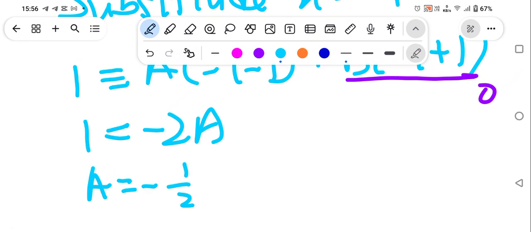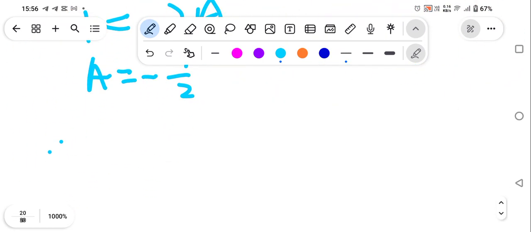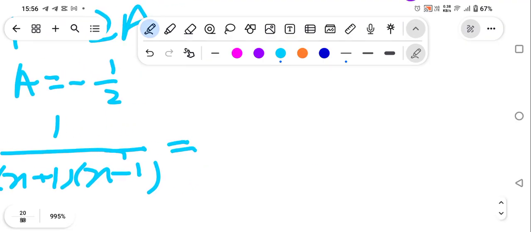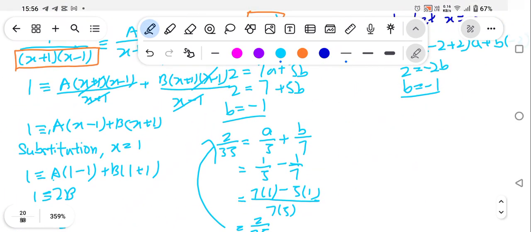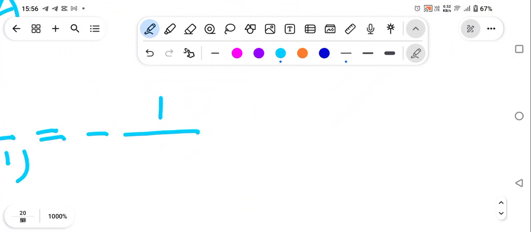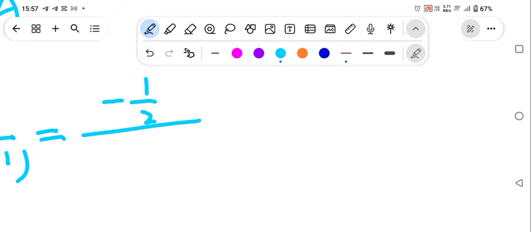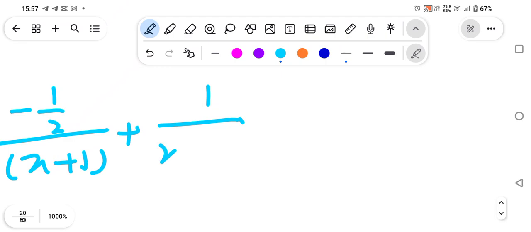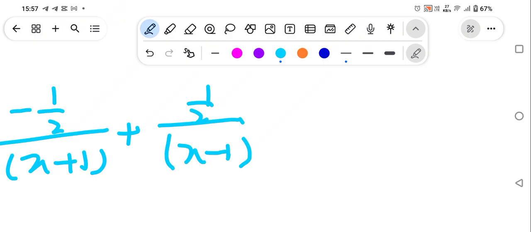And now since we have a and b, therefore 1 over x plus 1, x minus 1 will be equal to negative 1 over 2 times x plus 1, plus 1 over 2 times x minus 1.